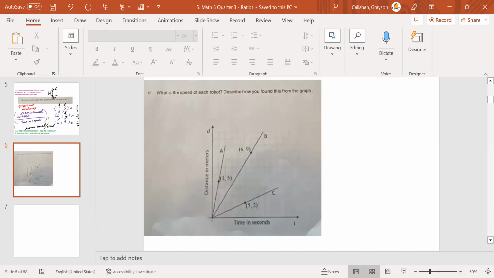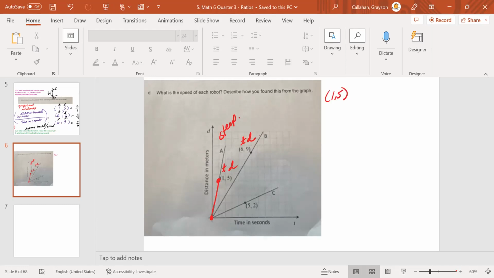Which one looks like it has the biggest slope, the most steep slope? Remember, this is time, this is distance. Do you see how from here to here, it's a lot steeper? Compare from here to here, this is more flat. And C is definitely flat. Do you see that?